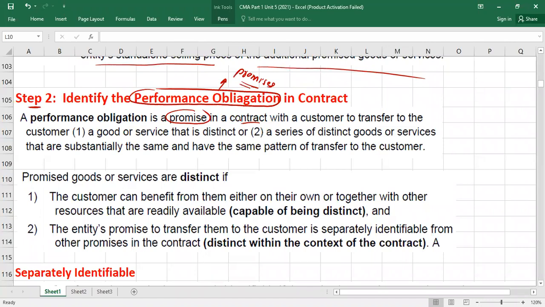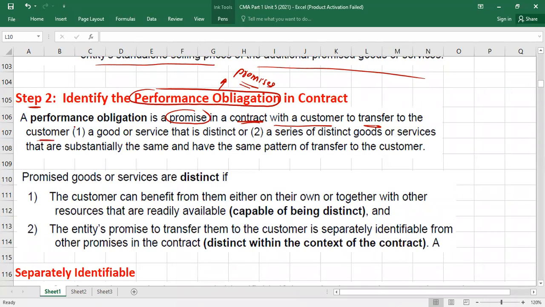I need concentration. What is it? It is a promise in a contract with a customer. Who is making this promise? Because we are talking from the seller's point of view, the seller is making the promise with the customer. For what? To transfer. To transfer what to the customer?